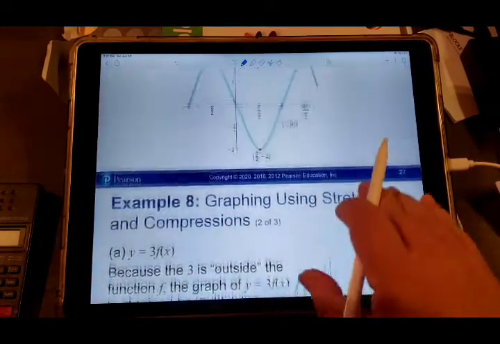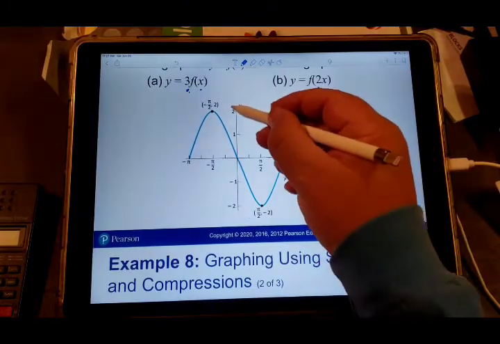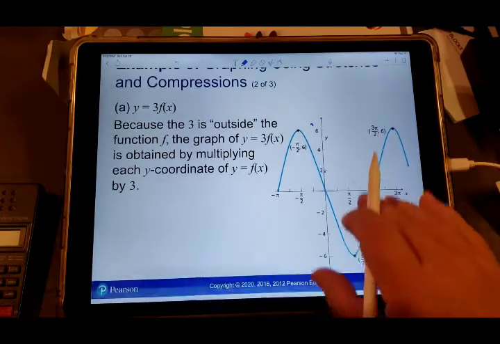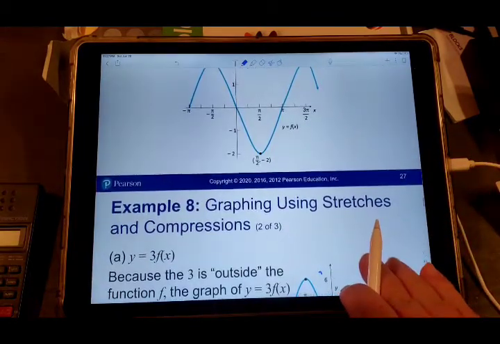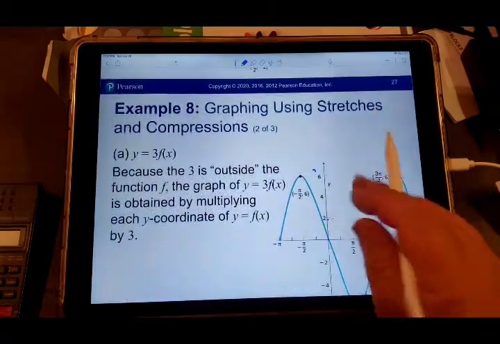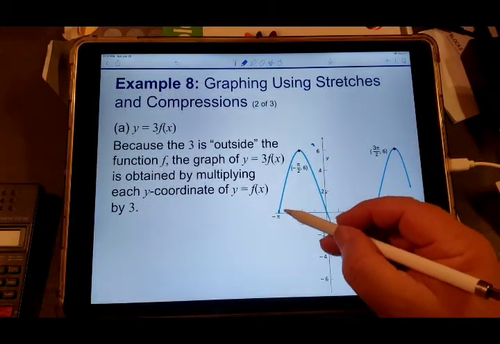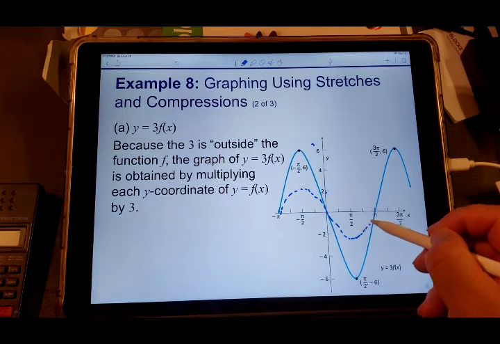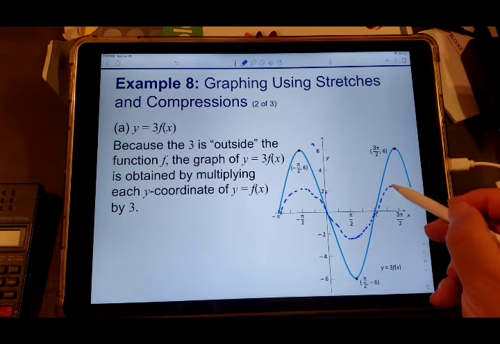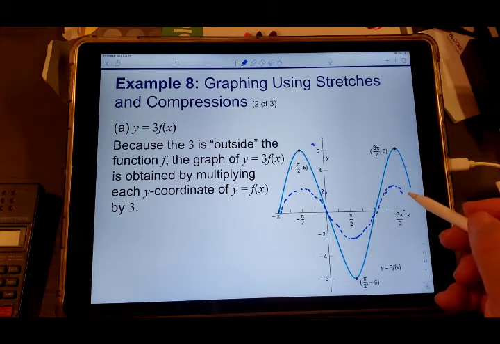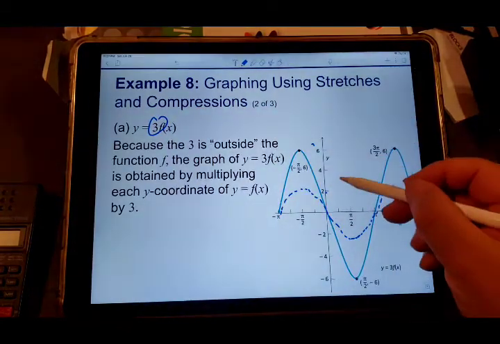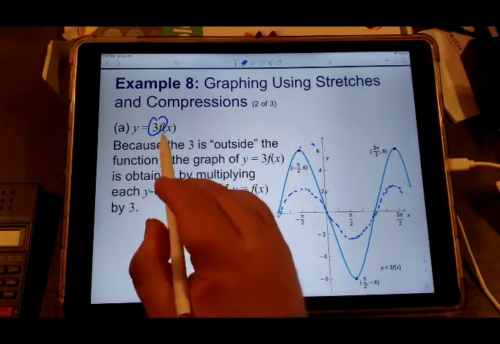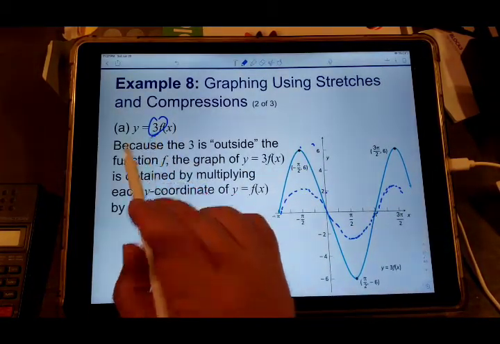A little hard to tell they did anything because they changed the scale here. See how that's 2? But now it's 6. So the original graph was something like this. But because of the 3, they stretched it. So it's 3 times higher, 3 times higher. That's nice, a stretch along the y-axis.